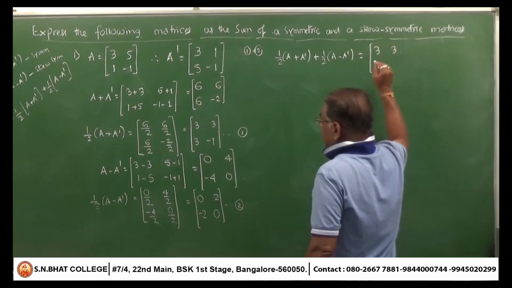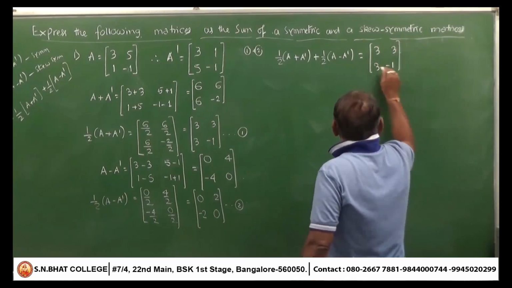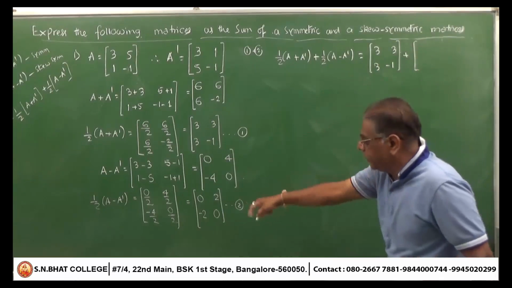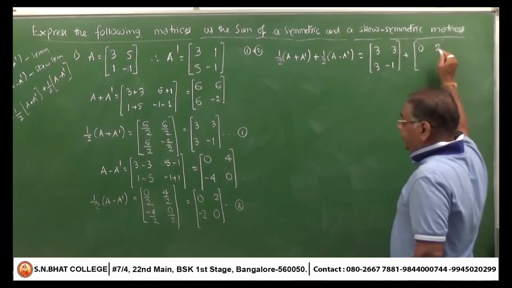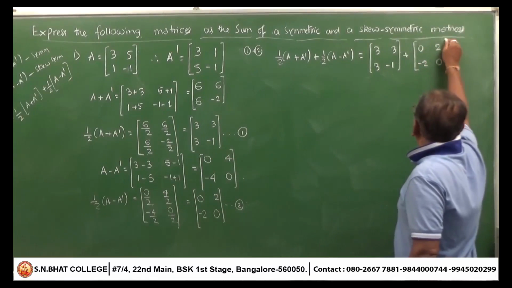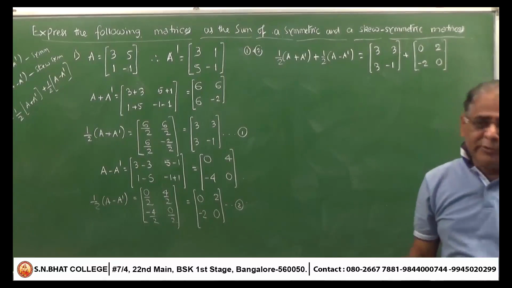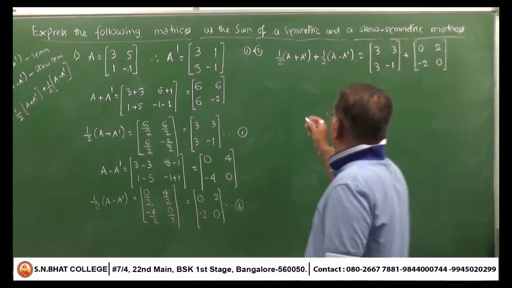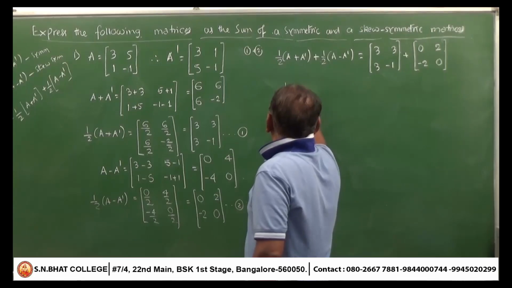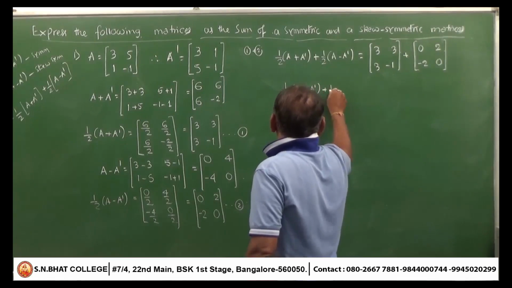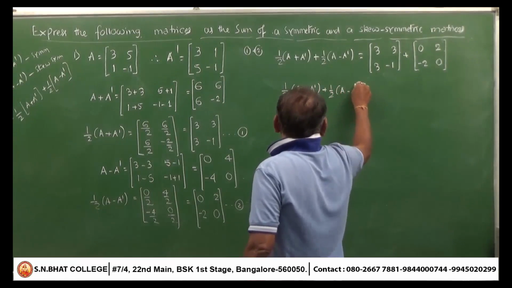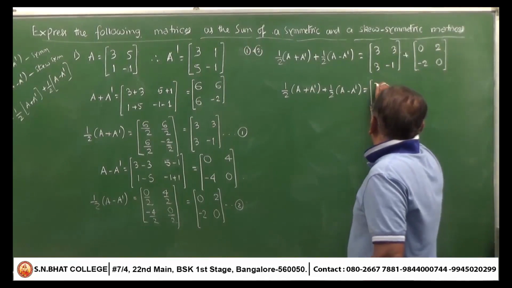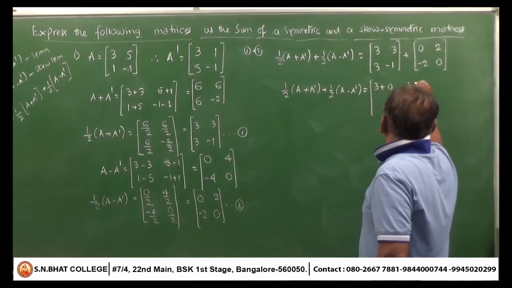Right hand side you have to add the two matrices by adding the corresponding elements: 3 plus 0, 3 plus 2.